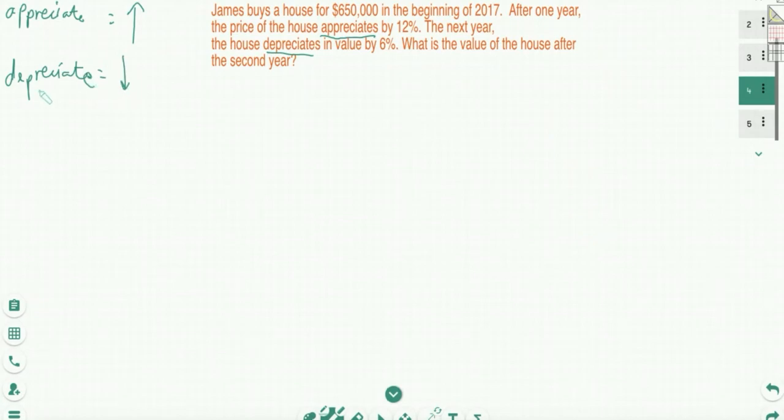So if something's depreciating by 10%, it's decreasing by 10%, okay? So let's draw our number line. So we have, on our number line, we're going to have 2017, 2018, and I guess 2019.